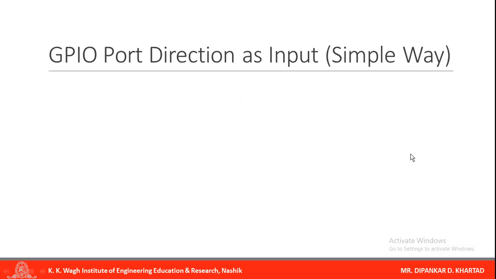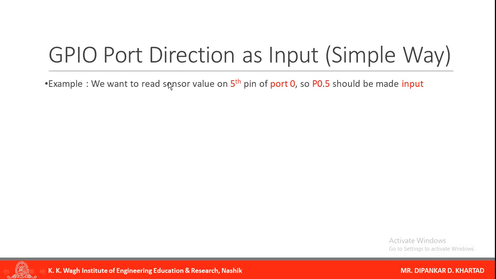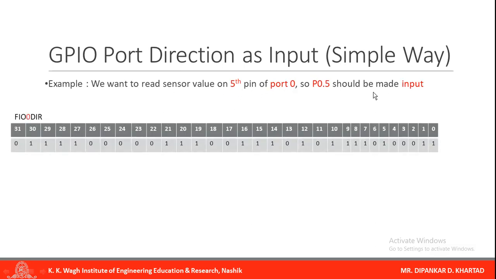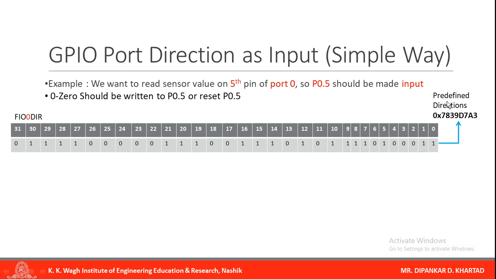Now in a simpler way, we'll set the direction as input. We want to read a sensor value on the fifth pin of the port, again the same. Now what will you do? This is your register FIO0DIR. 0 should be written to P0.5. So this is the predefined direction. 0 should be written here.